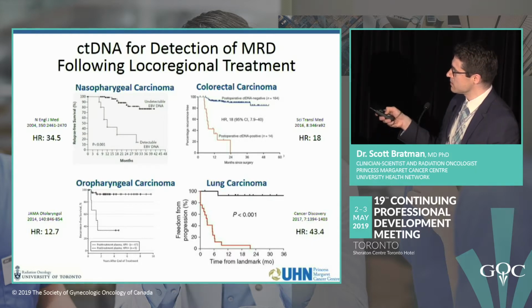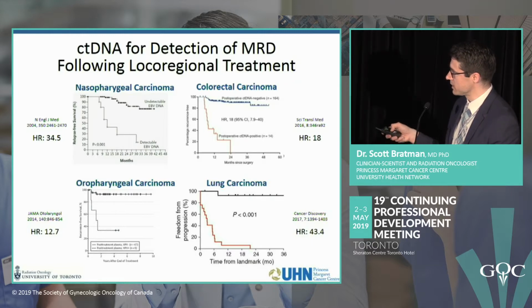And the clinical evidence for detecting minimal residual disease following local regional treatment has started to accumulate now, as you see in some of the landmark studies here, for example, from nasopharynx cancer looking for EBV DNA: patients after definitive local regional therapy who have detectable EBV DNA have very poor prognosis.